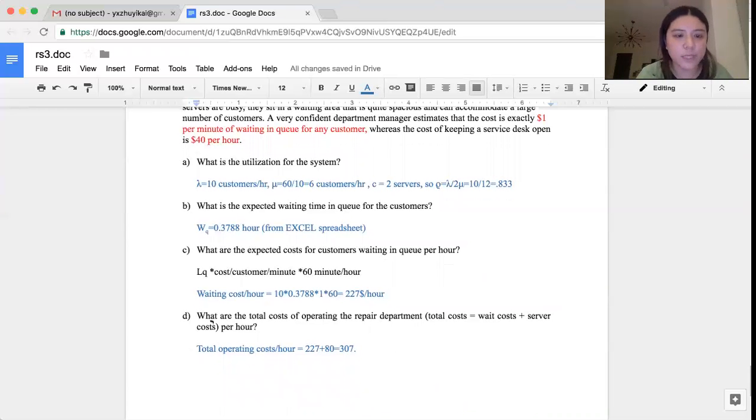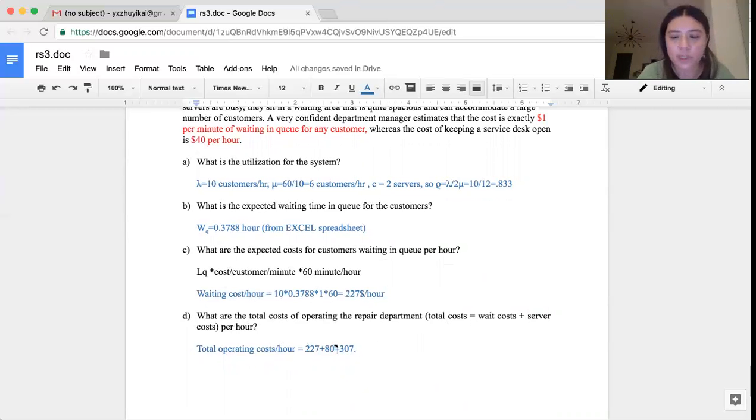And next, let's look at question D. What are the total costs of operating the repair department? Total cost equals waiting cost plus server cost per hour. Since we have the waiting cost, we just need to add the server cost.